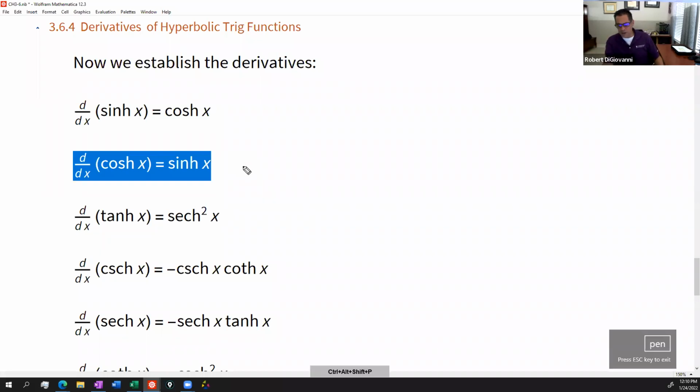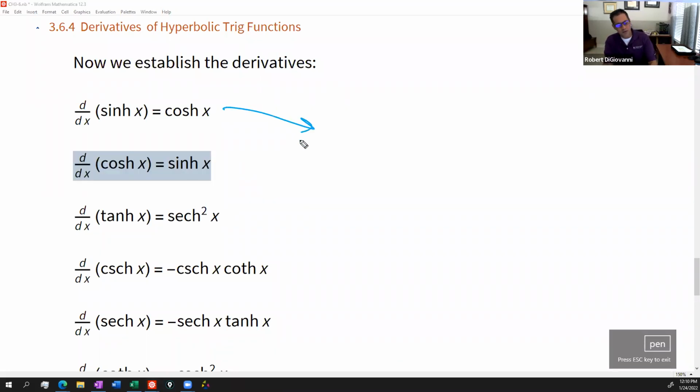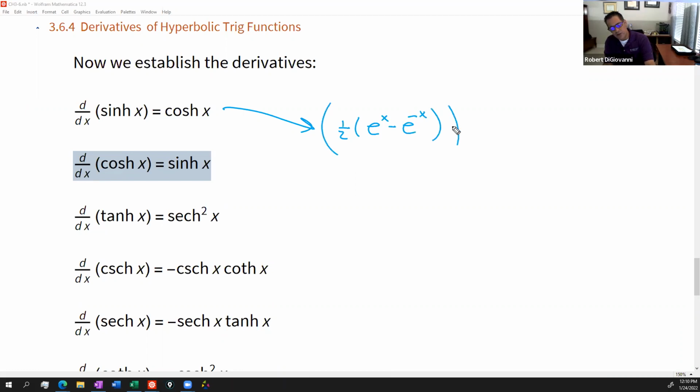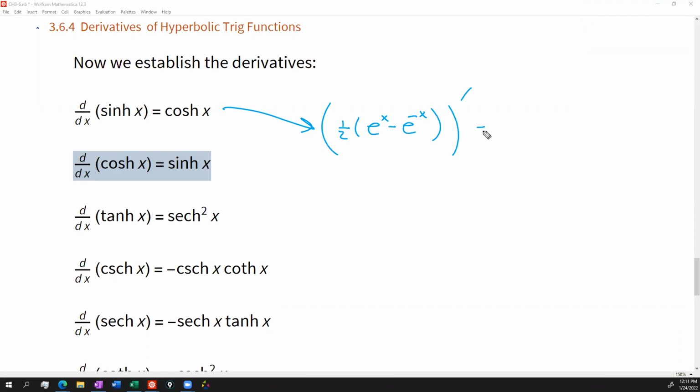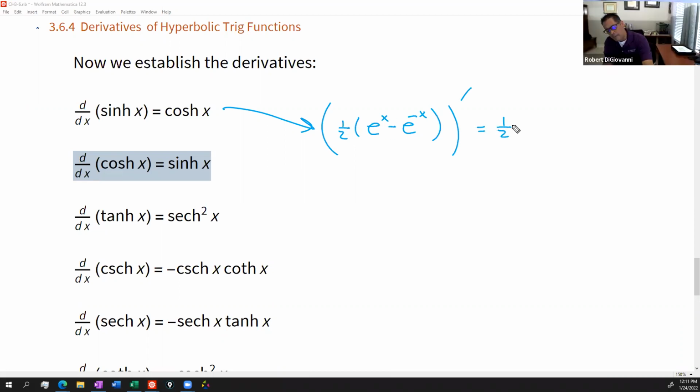Hey, how would you prove that this is true? You would take 1/2 of e to the x minus e to the negative x, and you would take its derivative, wouldn't you? Okay, take its derivative. The 1/2 comes for the ride. What's the derivative of e to the x? Itself, e to the x.